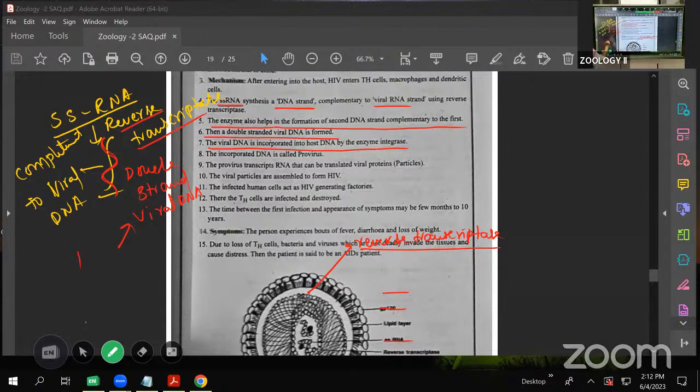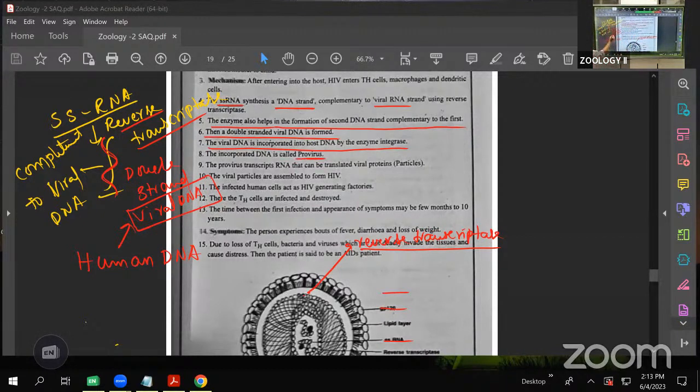The human DNA attaches with the first ssRNA and forms the single strand of DNA complementary to the viral RNA, and next, with that enzyme only, the second strand is also formed. Then we call that viral DNA. This viral DNA is also called the provirus.